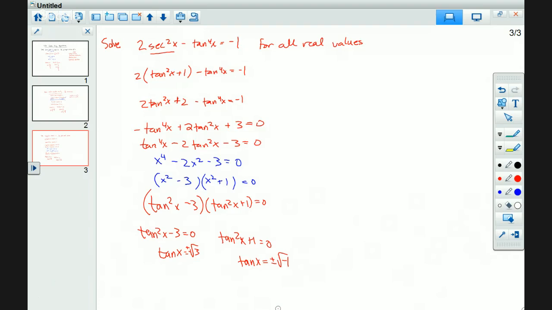No solutions here, because see this? Do they want complex number solutions? No. Real numbers only, so this here is no solution.